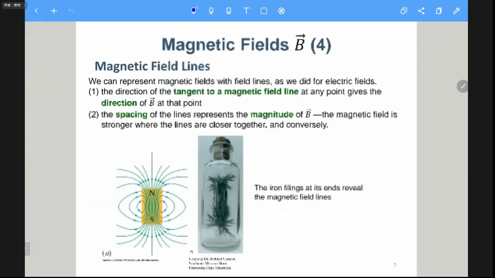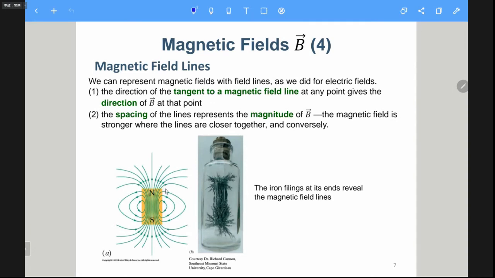So yeah, let me talk about this. We can represent the magnetic field with field lines as we did for the electric field. This is actually a magnetic bar, and you can see the magnetic field lines are similar to the electric field of the electric dipole.